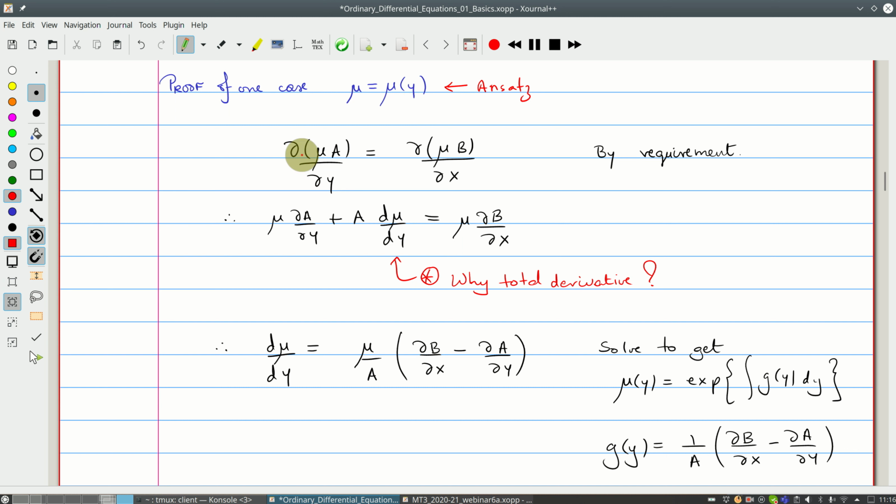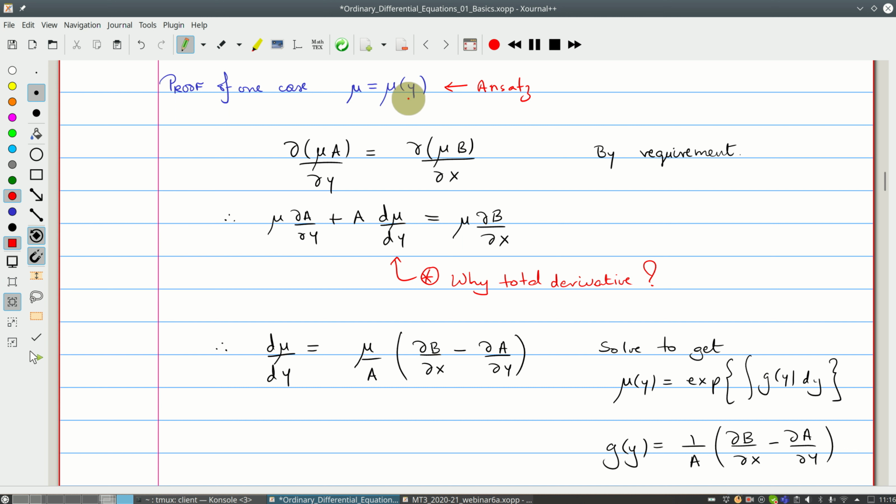So when you differentiate the left-hand side, we just apply the chain rule: mu times the partial of a with respect to y, plus a times the total derivative of mu with respect to y. Now I put a question here: why do we get the total derivative here, not the partial?